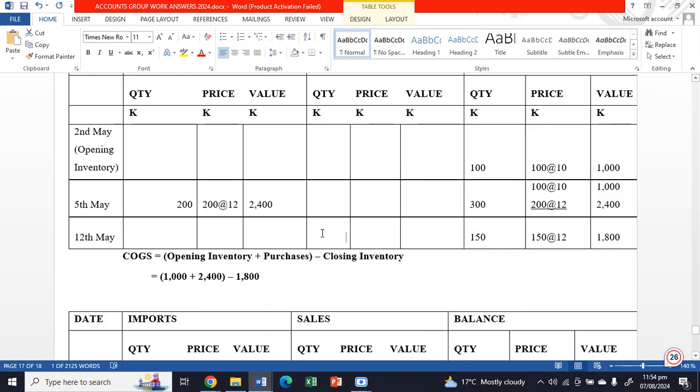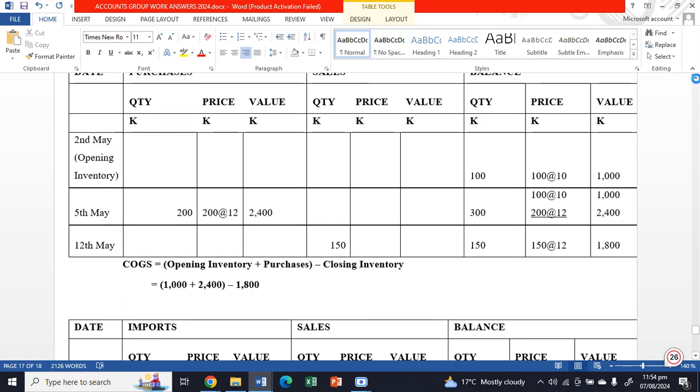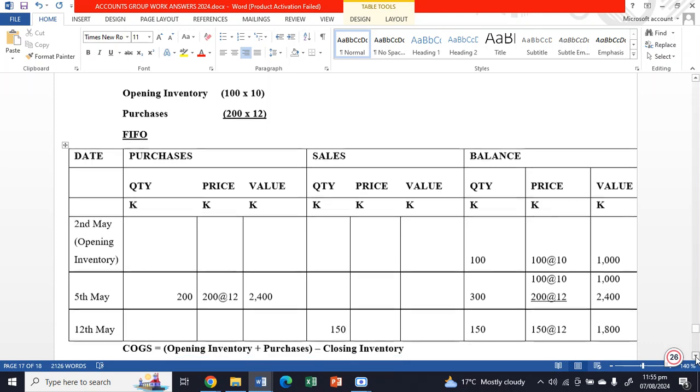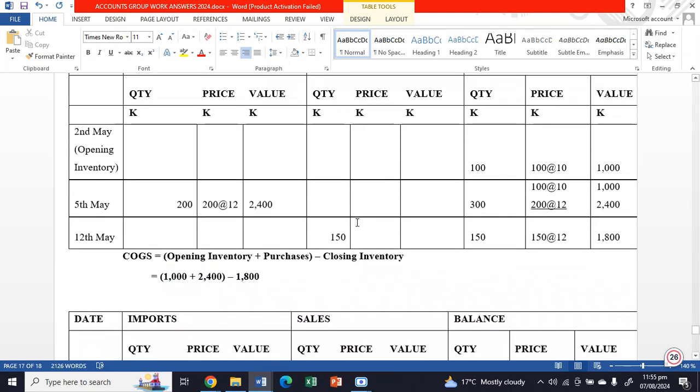So it means we sold 150 units. We haven't been given the price at which we sold them. So initially we had 300 units. We sell 150 of the units, meaning we remain with 150 units.